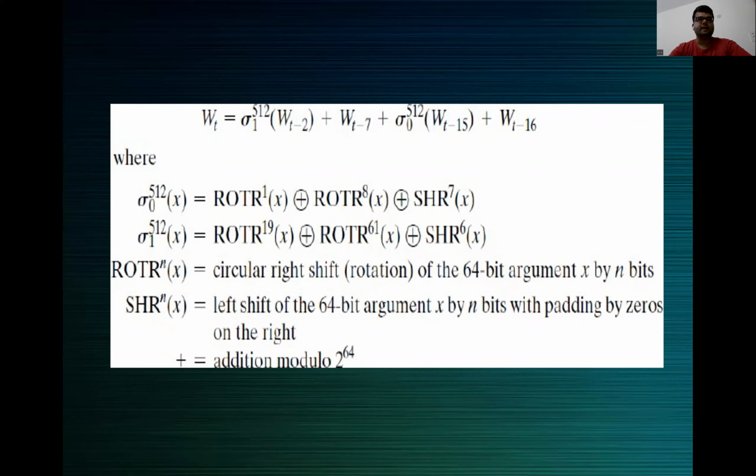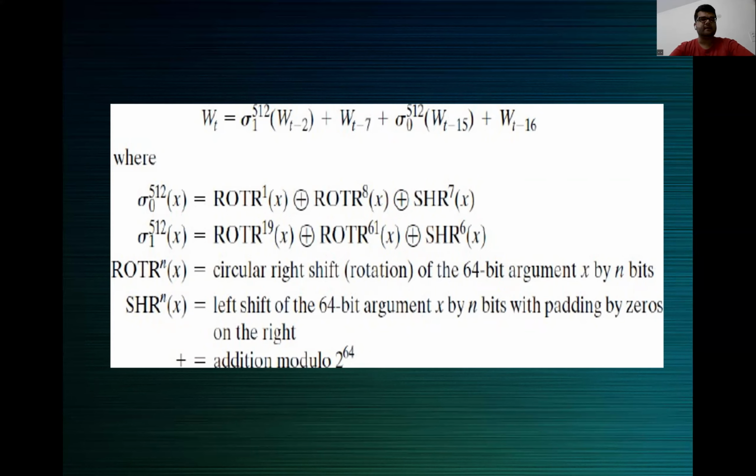Where, it is not omega, it is sigma here, my mistake. And sigma0 raised to the power 512 of x equals ROTR raised to power 1 of x XOR ROTR raised to power 8 of x XOR SHR raised to power 7 of x.